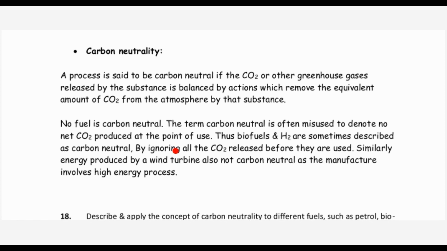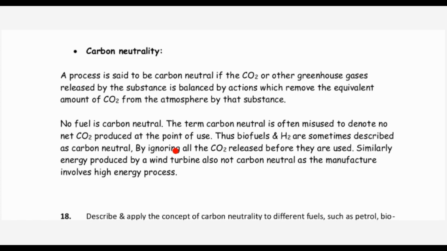If that is the reality, then we say such fuel is carbon neutral. The amount of carbon dioxide absorbed for the manufacturing of the fuel, if it is equal to the amount released upon the combustion, then we say it's a carbon neutral fuel.